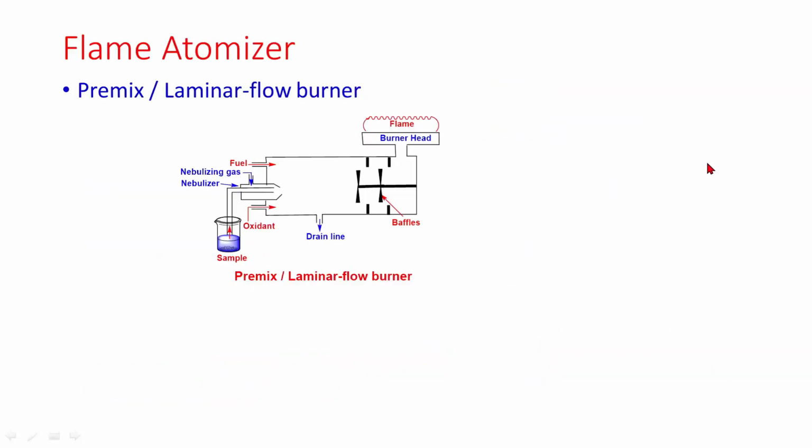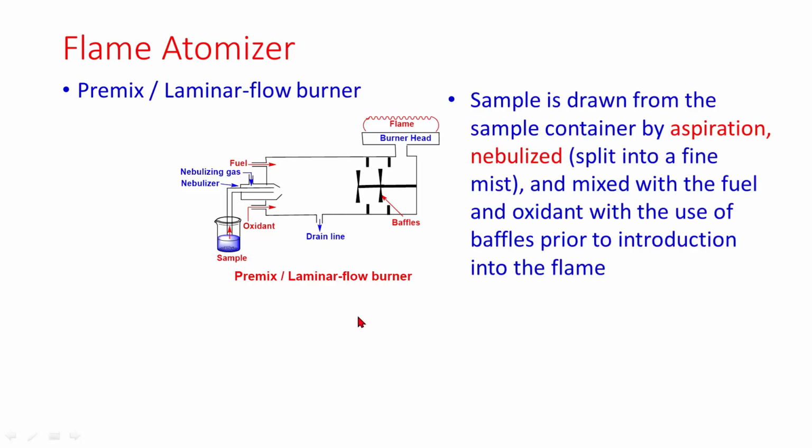Next part is the burner. It is a premix or laminar flow burner in case of atomic absorption spectrophotometer. Sample is drawn from the sample container by the process of aspiration, nebulized, that is split into mist and mixed with fuel and oxidant with the use of baffles, and it is allowed to burn into flame. This is nebulizer. Sample comes from this side.